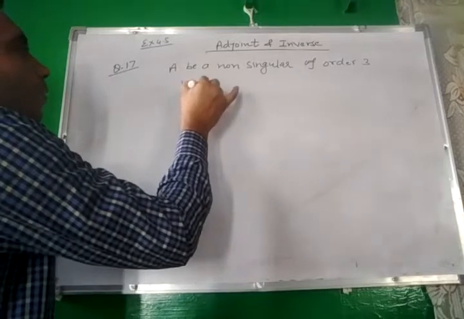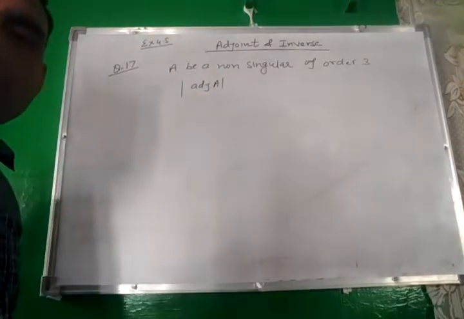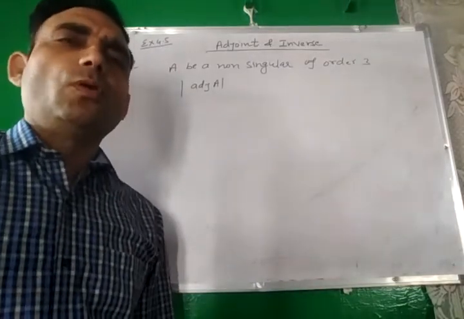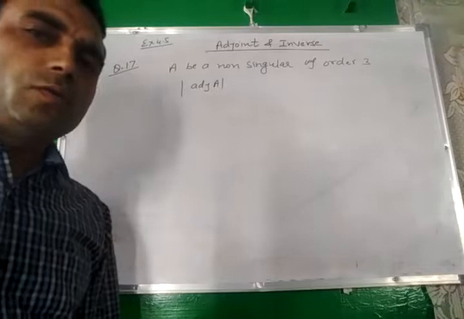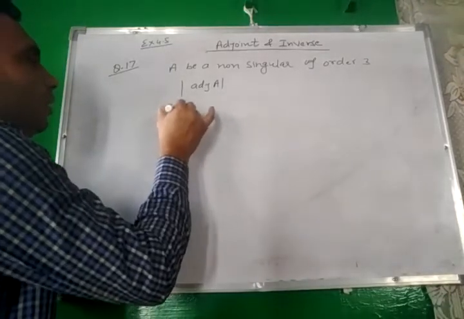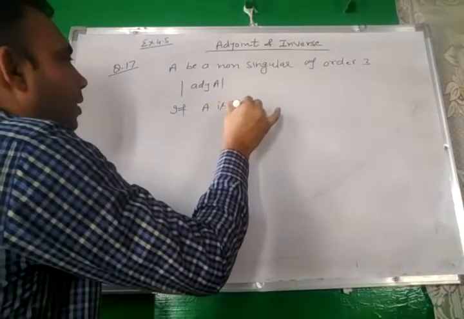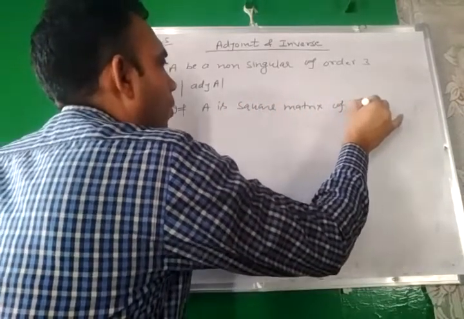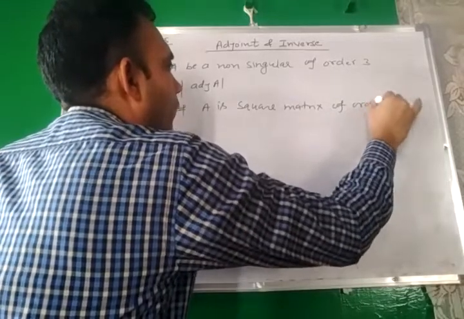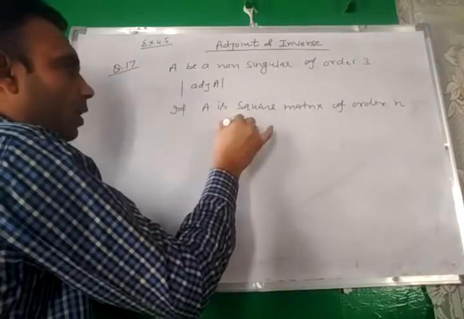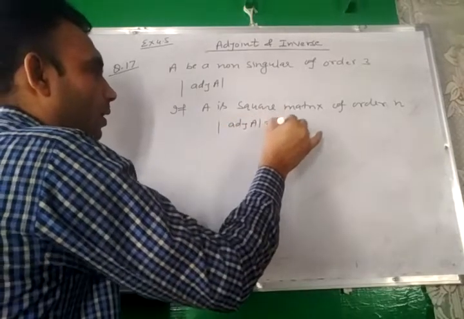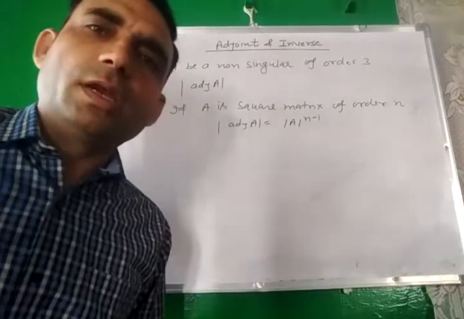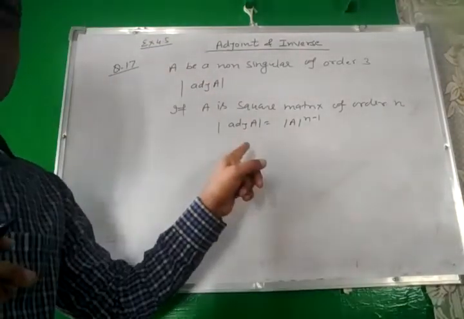Determinant of adjoint of A. To find the determinant of adjoint of A, we will use the property of adjoint. In the previous topic, we have discussed that if A is a square matrix of order n, then determinant of adjoint of A is equal to determinant of A to the power n minus 1.